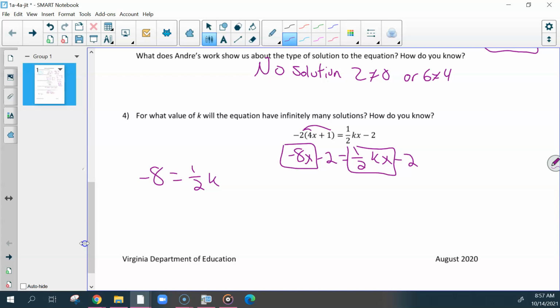Not divided by 2, so you can divide it by 1/2 and you can multiply it by 2. Multiply by the reciprocal, same thing as dividing by a fraction.